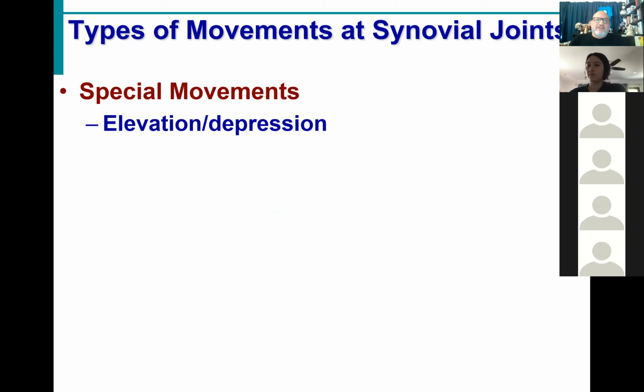One special movement, again, these special movements typically only occur at certain joints. Rotation, remember, is the movement along the longitudinal axis.